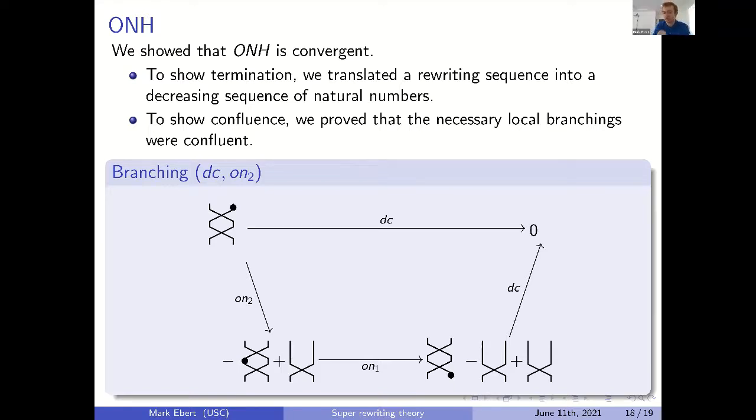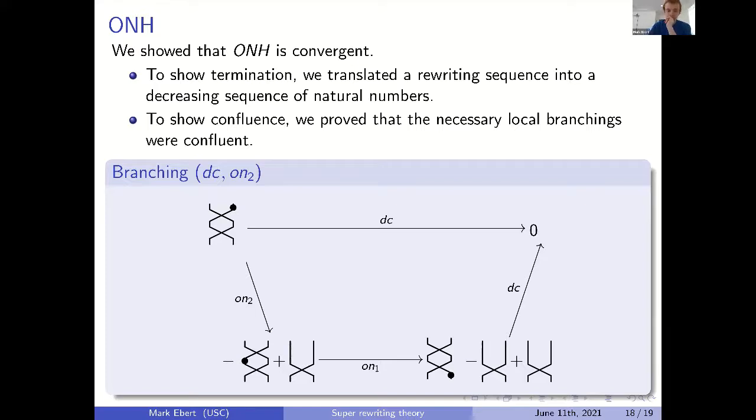Sliding the dot down all the way, we get the bottom right element. So we have the first term, and the second and third terms are canceled. We can then kill the first term by using DC again, and we arrive at the same result as if we had just killed it at the start with DC.